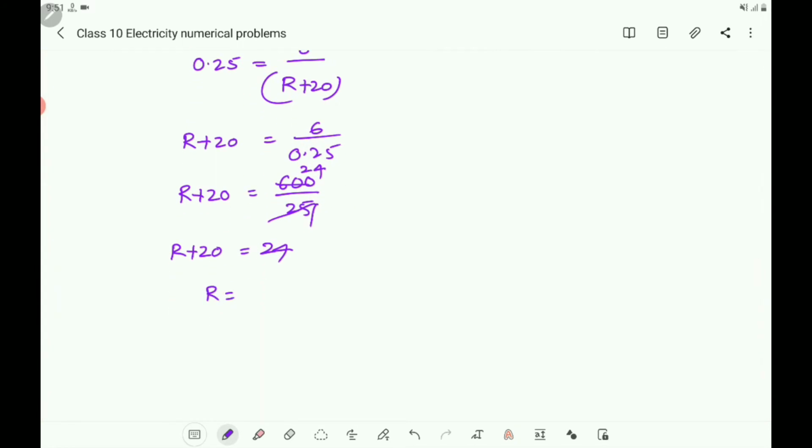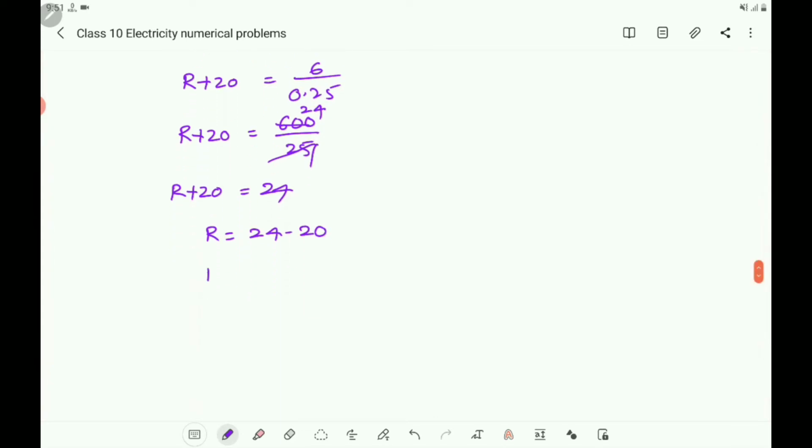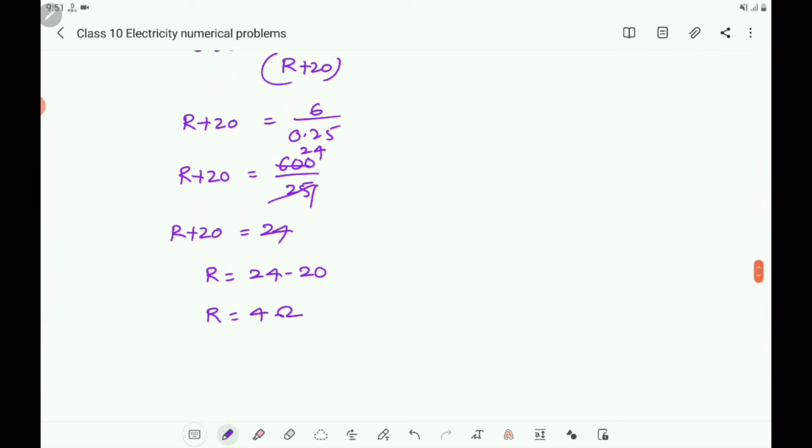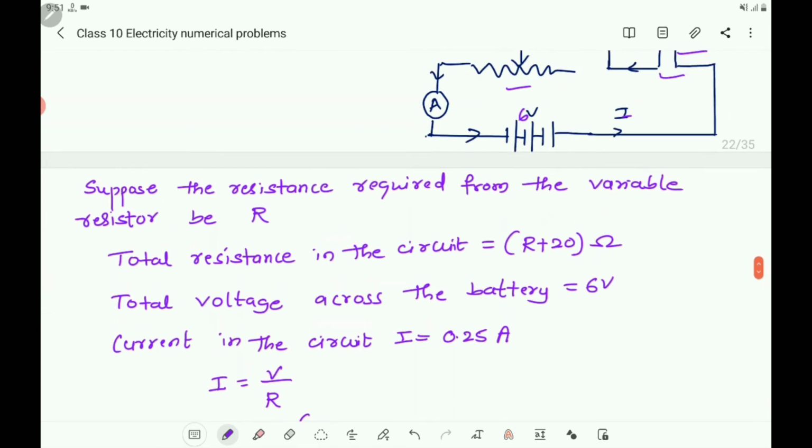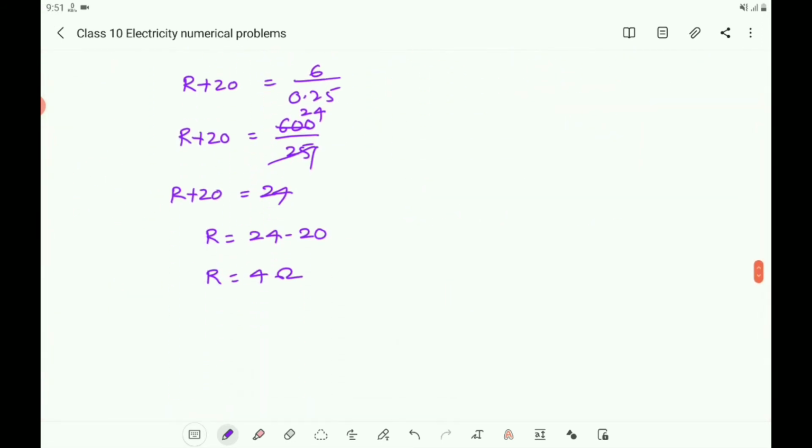So R equals 24 minus 20, then R equals 4. So you got 4 ohm. So how much resistance is required from the resistor? That is 4 ohm.